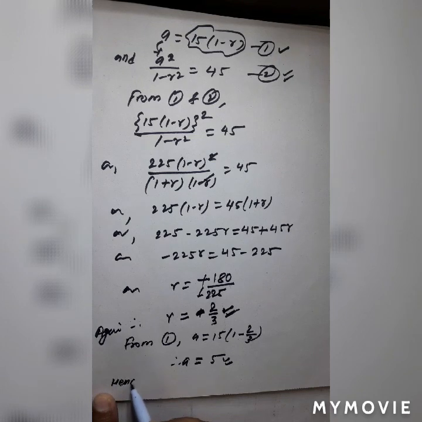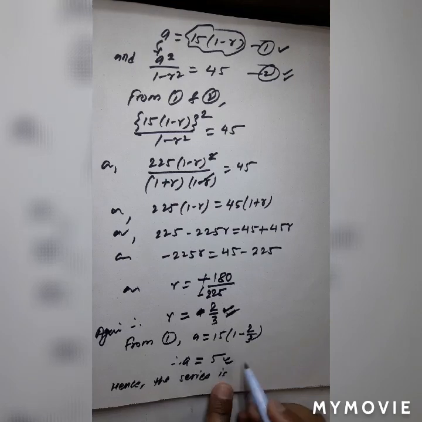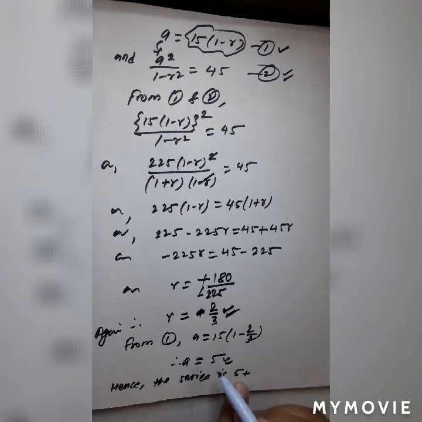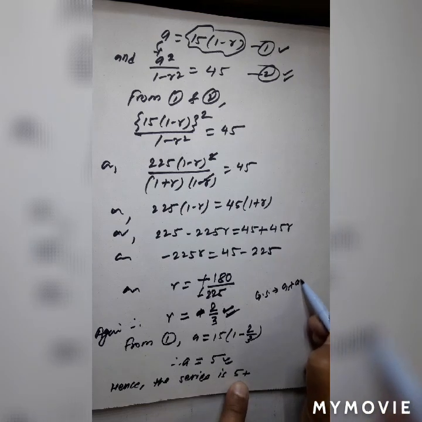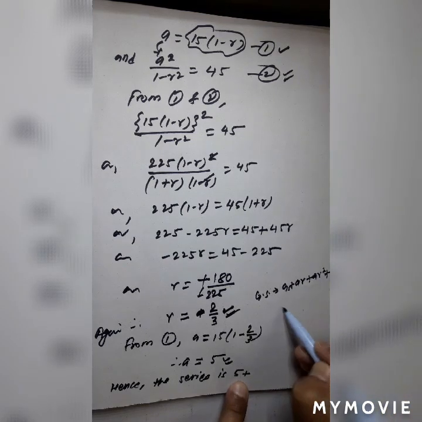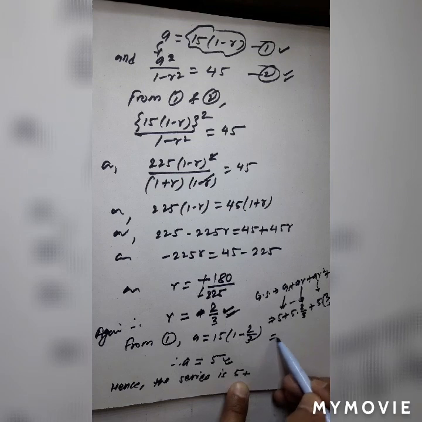Therefore, the series is: first term 5, plus a into r, which is 5 into 2 by 3, plus a r square, which is 5 into 2 by 3 whole square, and so on.